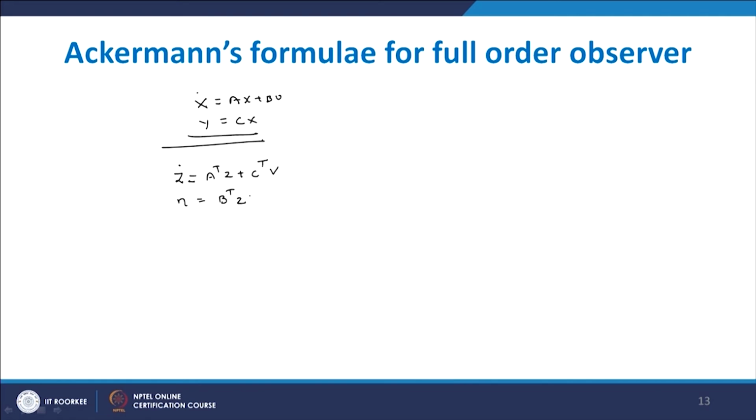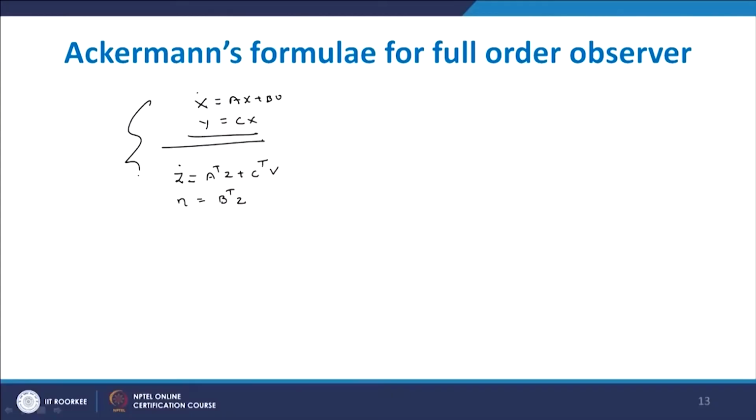That means we are changing the positions of B and C. B, earlier in the state equation, has been transformed into the output equation as B transpose. Similarly, the C in the output has been transferred to the state equation as C transpose v. So, both have the same properties.